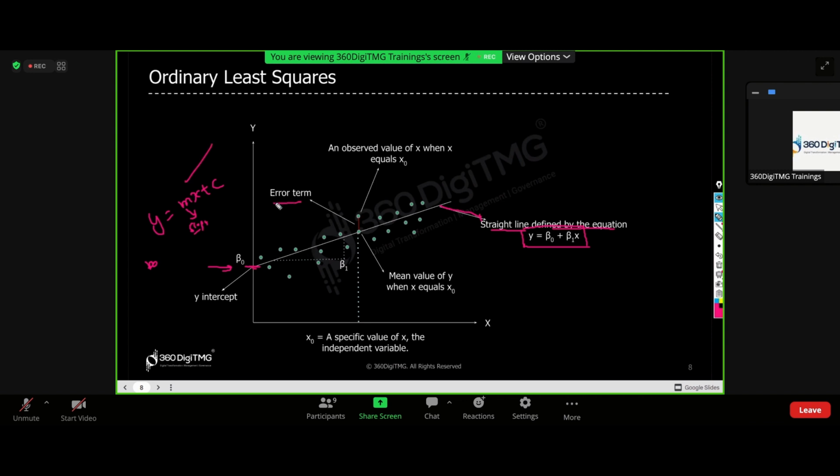Now, what is the error? Error is the distance from the center line to this point, which is deviated from the equation of the line. So this is the distance which will be called error. If the point is close to this line, the error is very small, but here the error is more because this data point is far away from the equation of the straight line.